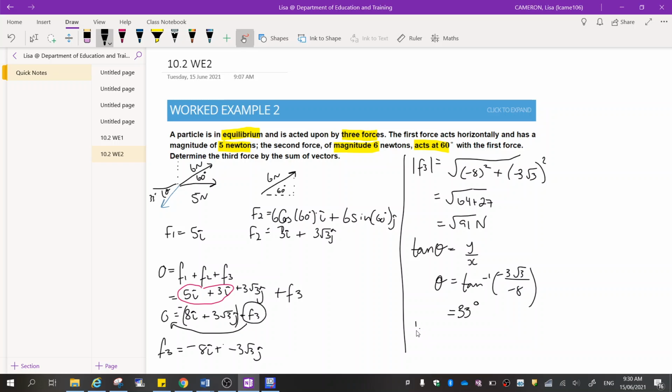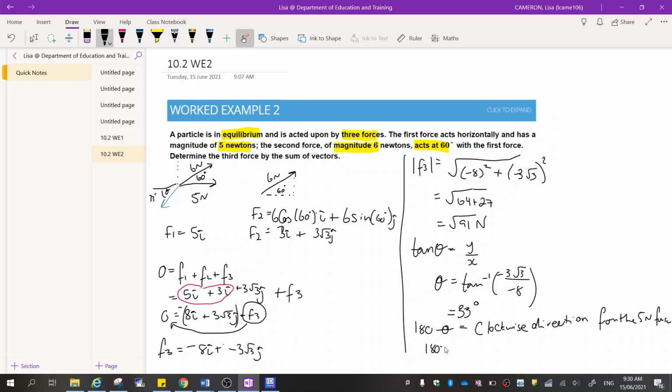So it doesn't matter what you do. I'm going to do the 180 minus the angle, and that's going to give me the clockwise direction from the 5 newton force.